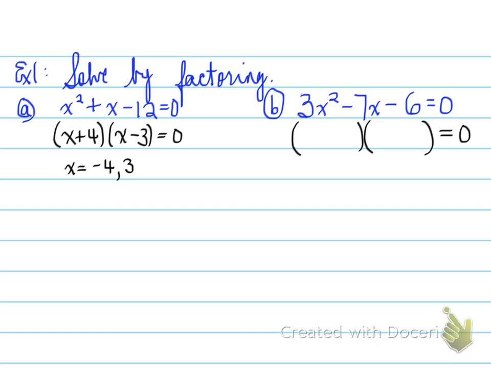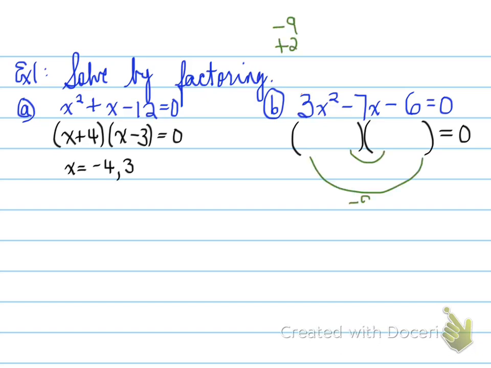In the next one, we need to find the product. The product is going to be a times c. 3 times negative 6 is negative 18. The sum is going to be the b value, which is negative 7. So the product is negative 18 and the sum is negative 7.